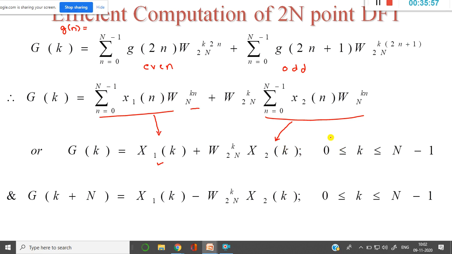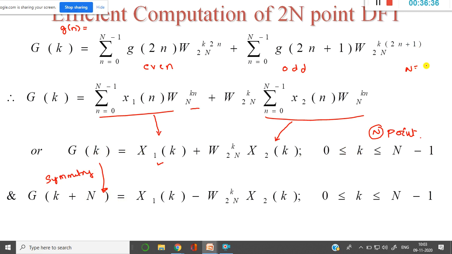So once again g of k will be running for only n points, right? N point sequences, but you are supposed to obtain two n point sequences. So the next half of the values will be obtained by the symmetric or periodicity property. That is what is going to be followed. Symmetric property or periodicity property, that's what we performed in the first derivation of the DIT FFT method, to calculate the remaining 50% of values of DFT, that is g of k plus n. So g of k will be n values.